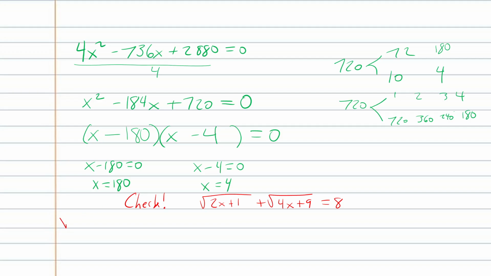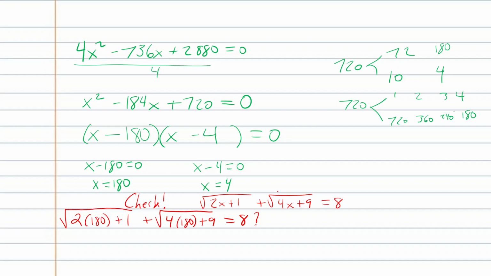So I'm going to do the square root of 2 times 180 plus 1 plus the square root of 4 times 180 plus 9, and we're checking to see, does that equal 8? That's the question.